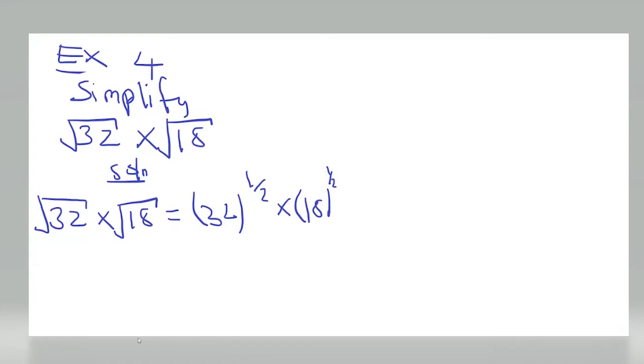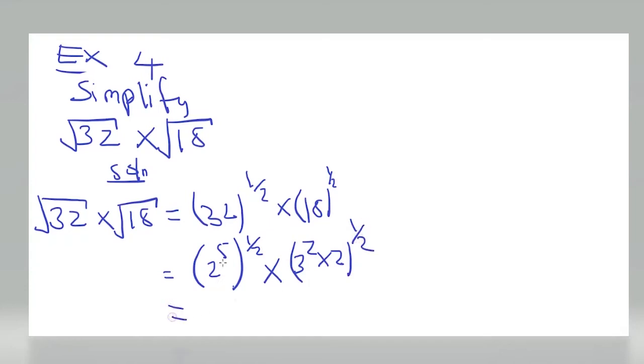Now this will be equal to factors of 32, which is 2 power 5, then power a half, times 18 power half. This one will be written as factors of 18, which is 3 squared times 2. I hope you remember how to obtain the factors.